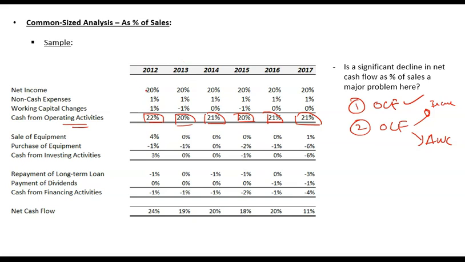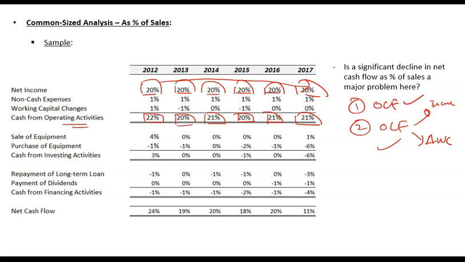If I look into it, a major portion of OCF is coming from net income, and that has also remained stable, which means the company has been able to convert its income into operating cash, and that is the major source of operating cash flows. Again, this looks fine and stable.